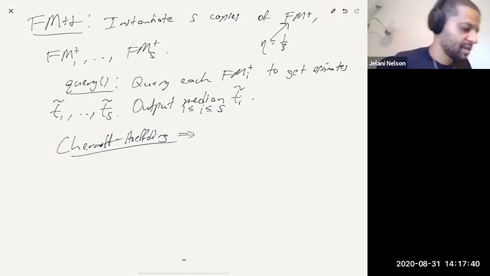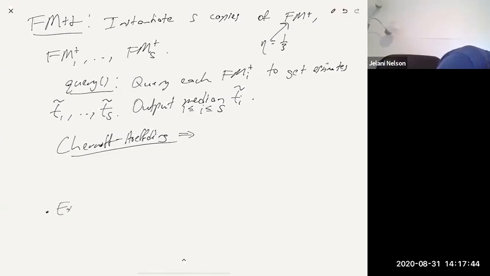So we expect at least 2S over 3 of the Ti tildes to give a good answer, which means to give a 1 plus epsilon approximation.